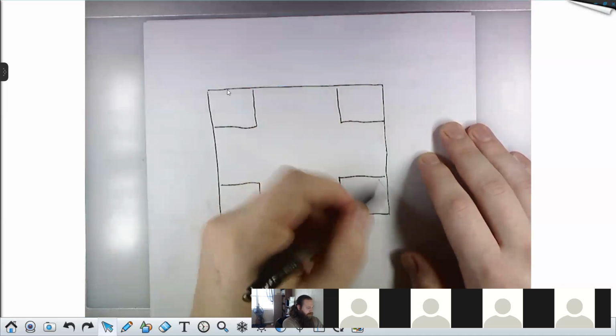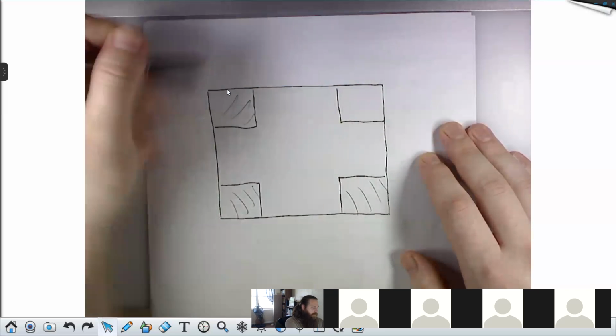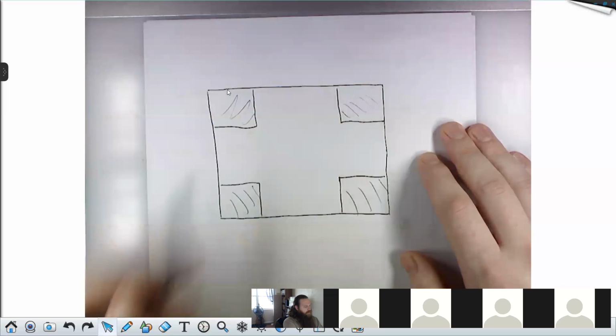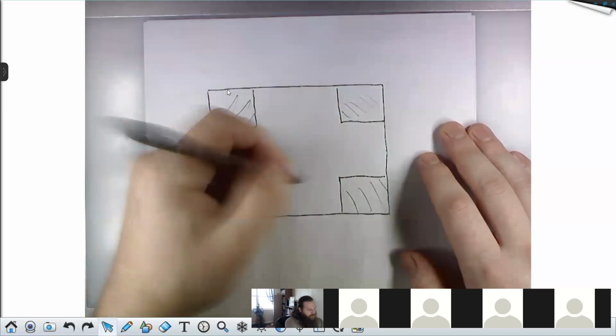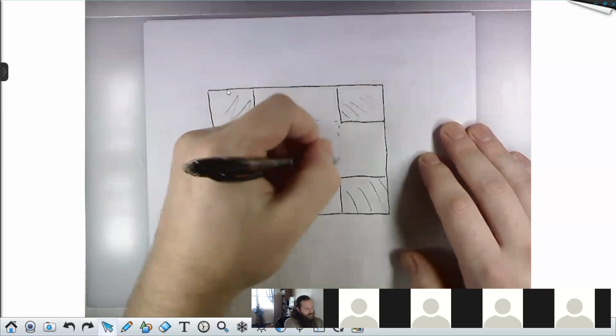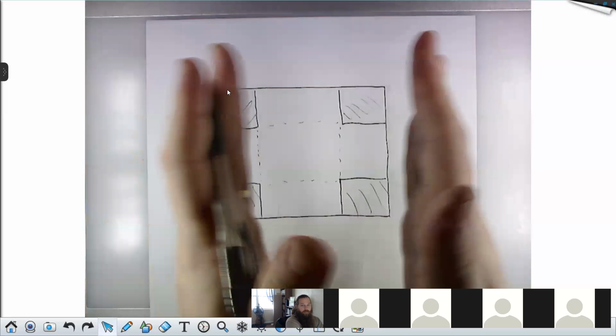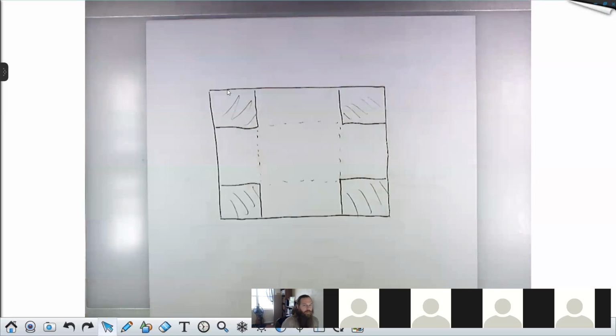I cut this out, this, this, and this. Then along these, I make a little crease here, here, here, and here. And then I fold these edges up. That would create a little box, right? Can you kind of picture it?